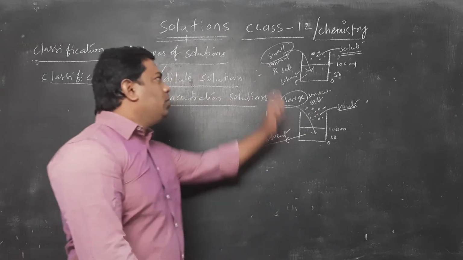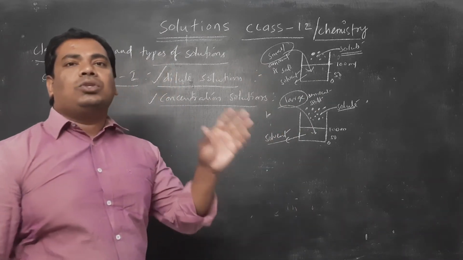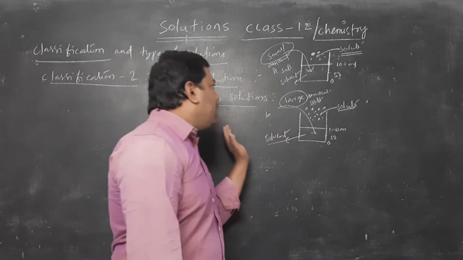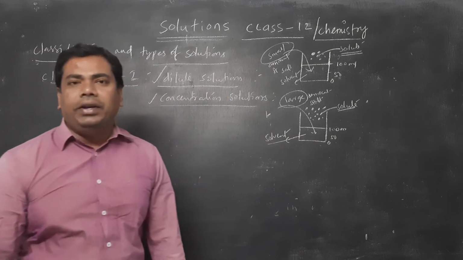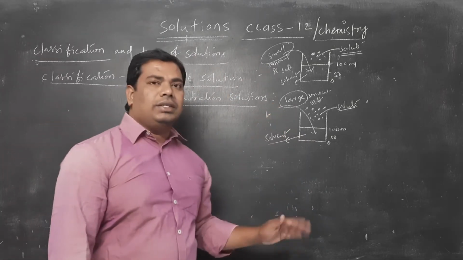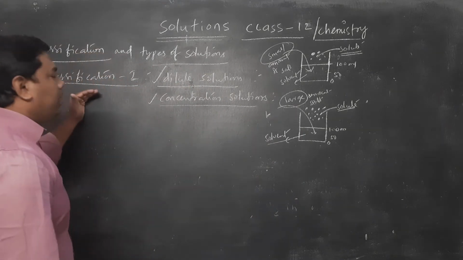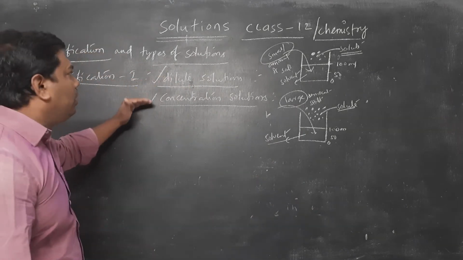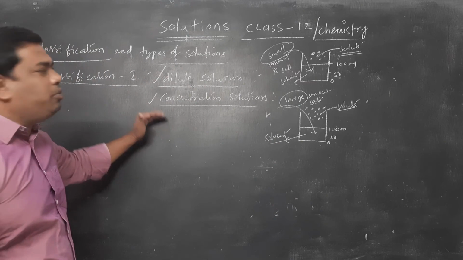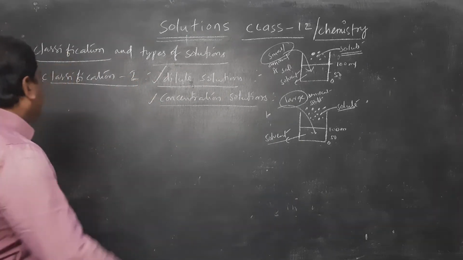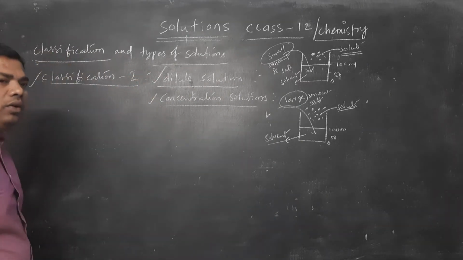Clear, right? So in a dilute solution, the solute quantity is less. In a concentrated solution, the quantity of solute is large. Okay, clear. So this is classification 1, based on the amount of solute. Okay, clear, right? Next.